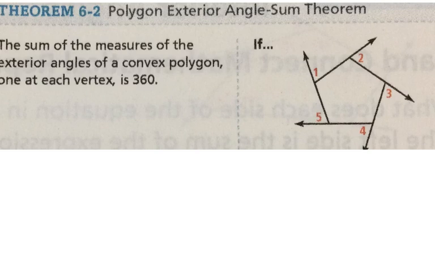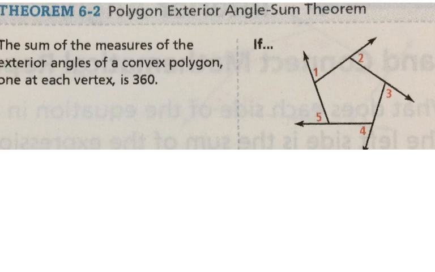Okay, so right here, this is the polygon exterior angle sum theorem. And here's what it says. If you were to make every line segment into a ray, like you see how these lines, we just continue them in a line. Then we have our interior angles. This time it's a pentagon.